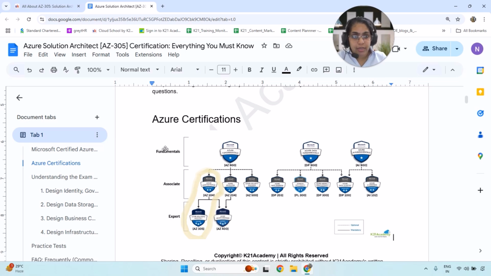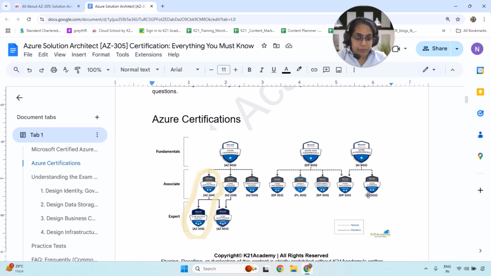The courses on the left side are more related to the infra part, which is Azure infra related courses. The one in the middle, which is about data fundamentals, is more related to the data courses. And the extreme right side is more related to the AI/ML courses, I would say. So this is basically an infra course which we are talking about.